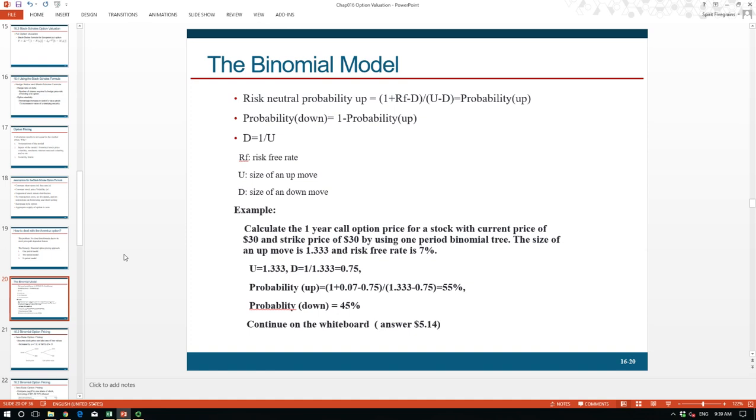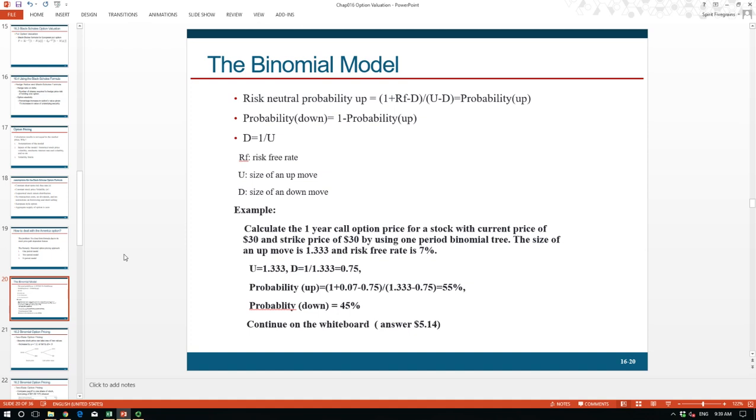The probability here is called a risk-neutral probability. It's a function of the risk-free rate and the up and down movement magnitudes. It's a probability in a world where investors are neutral on risk. It's a very complicated concept, but it's called a risk-neutral probability.